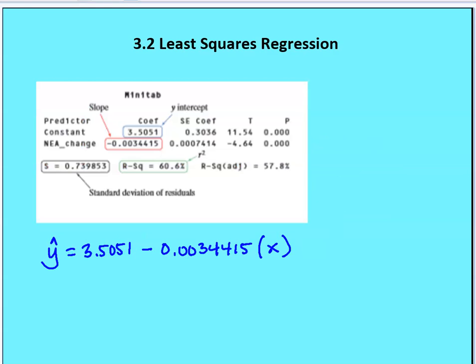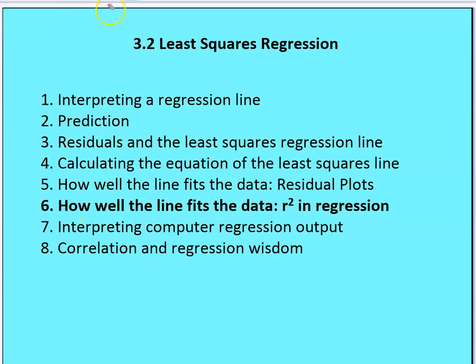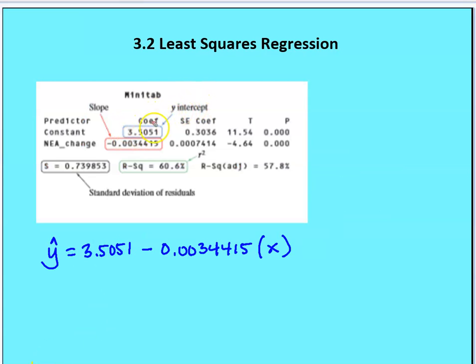Okay, all right, so now let's talk about, this is really interpreting computer regression output. So this is using computer output to take a look at where the values are for the least squares regression line. So 3.505 is this constant value on our coefficient. That's your y-intercept.